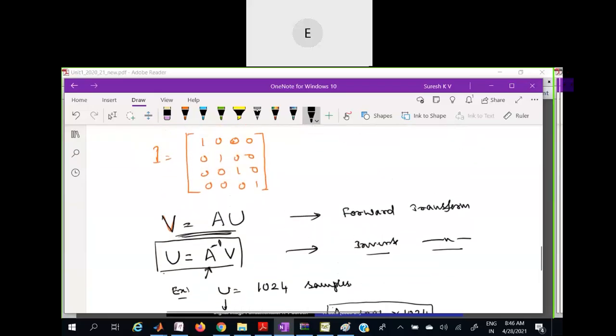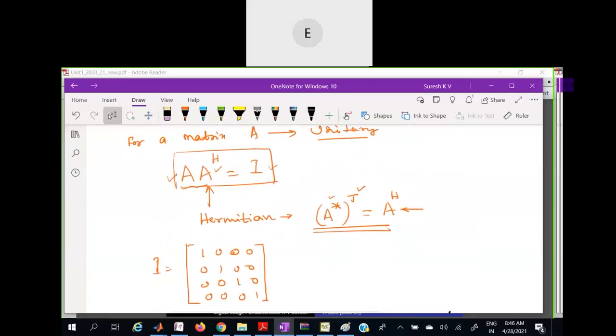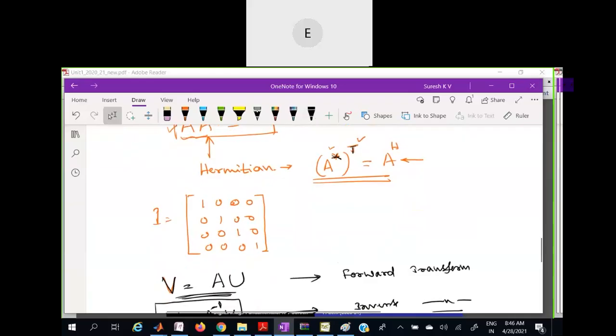That means if the matrix satisfies the unitary property, then finding A inverse is the same as finding A Hermitian. A Hermitian means I have to do a complex conjugate and transpose it. Doing a complex conjugate of a matrix, is it difficult? No, because you just replace plus j by minus j. There is no big deal in that. Doing a transpose of a matrix is also no big deal.